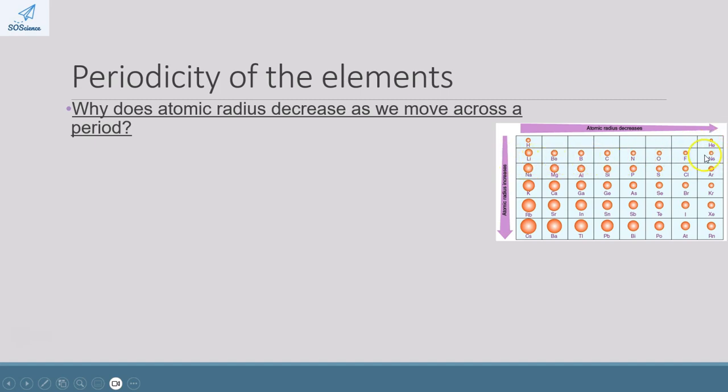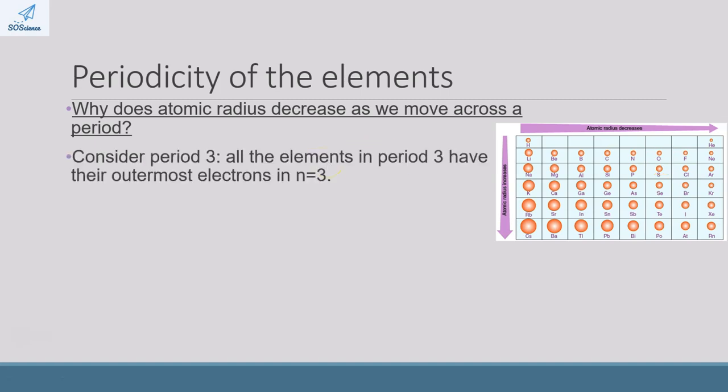So it almost makes sense that a neon atom should be larger than a lithium atom. We also know that for all of these elements, their valence electrons all exist in n equals 2. So all of their outermost electrons are in the second energy level. Why is it then that lithium is a bigger atom than a neon atom?